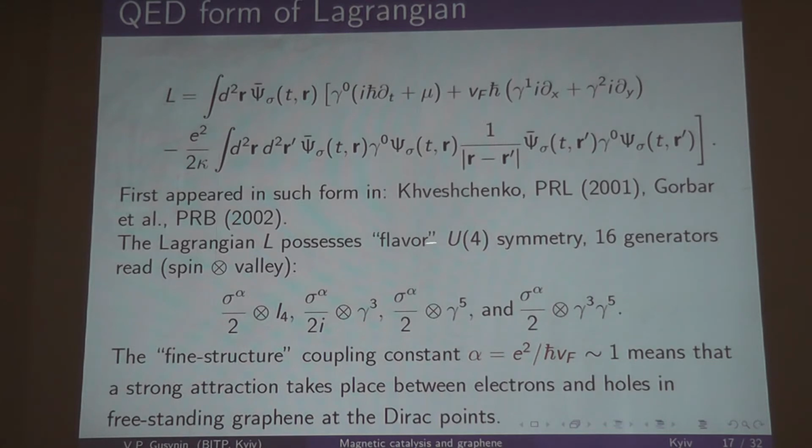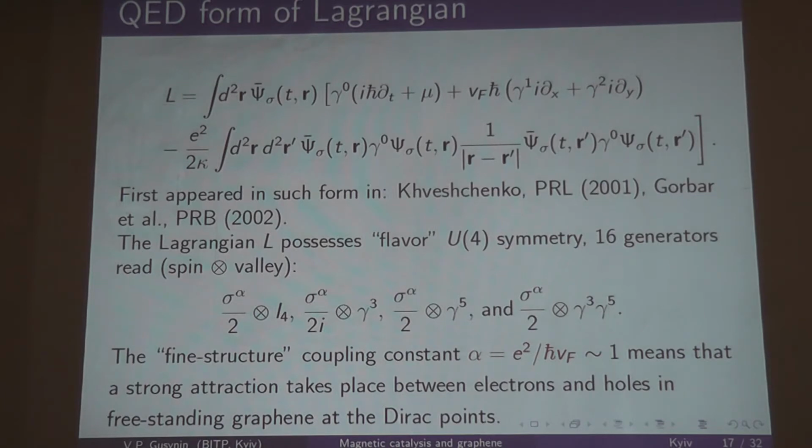This Lagrangian possesses a very big symmetry, U4 symmetry. And in graphene, the fine structure constant is composed from e squared divided by h bar, and here we have, instead of the velocity of light, the Fermi velocity.